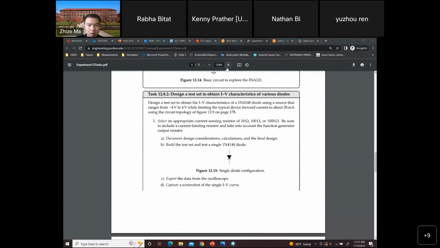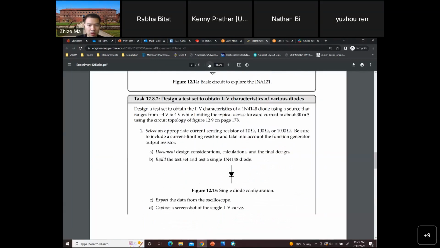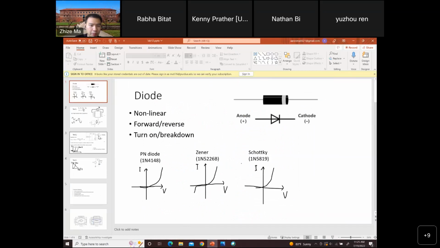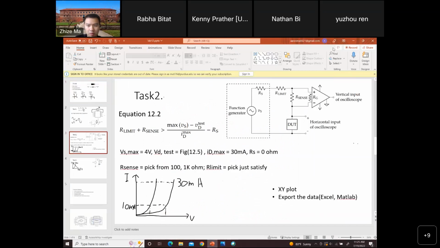Then task 2 is where you need to start to build the circuit on the breadboard. First of all, you're going to build this circuit right here on the breadboard. But since you're using AD2, as I mentioned before, AD2 can directly read the differential signal, so you don't have to build this instrumentation amplifier here.